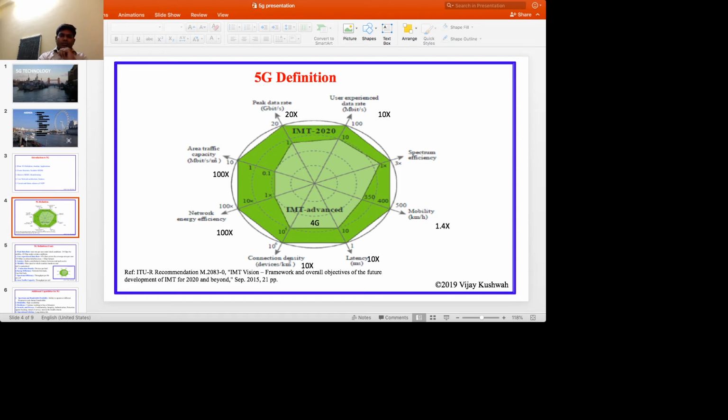So 350 is more like high speed cars, I suppose, and 500 is more like high speed trains. Sometimes we can consider it as an aeroplane with this speed.